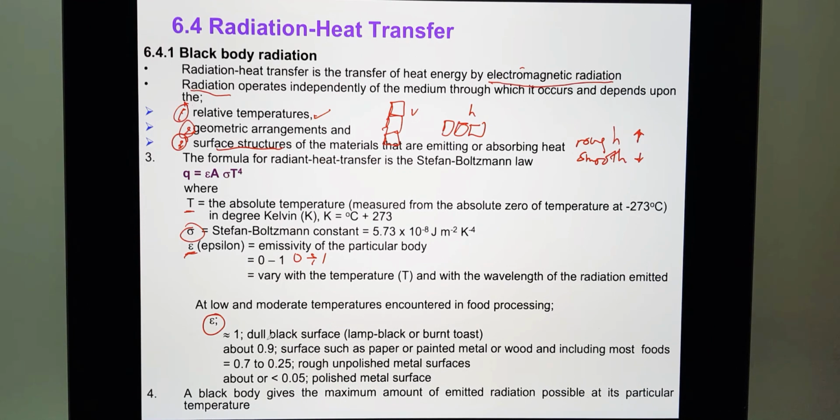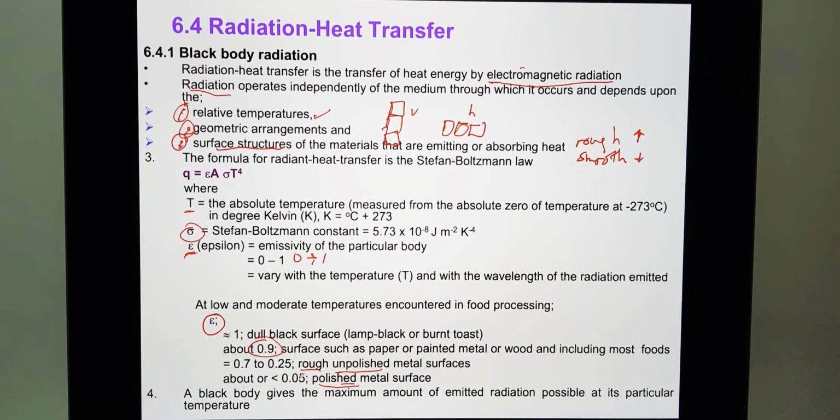If the value of epsilon is 0.7 to 0.25, this one is meant for rough and unpolished metal surfaces. And if the value of epsilon is less than 0.05, then it means polished metal surface. This one is meant for the smooth surface, whereby it requires less energy.